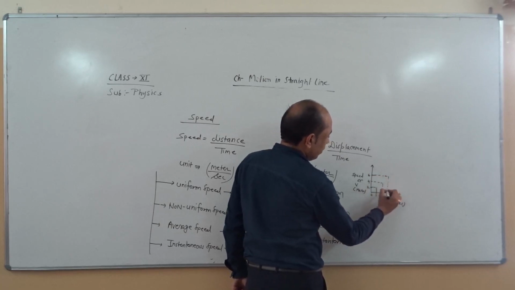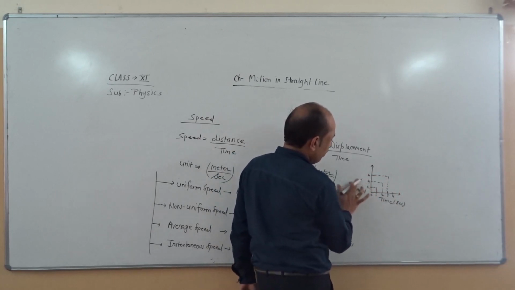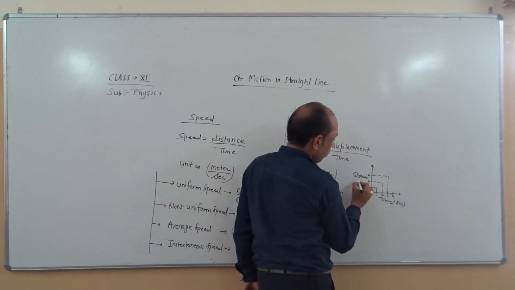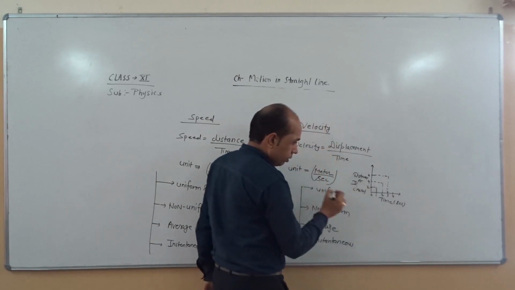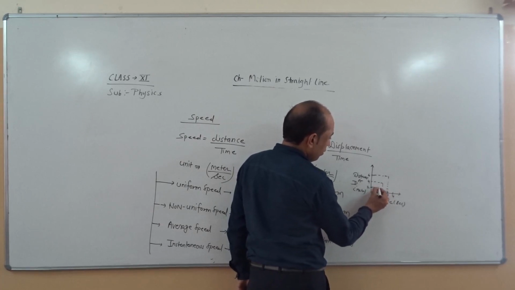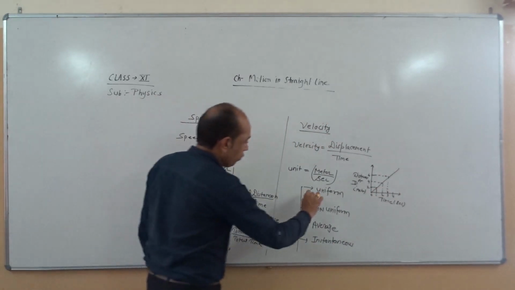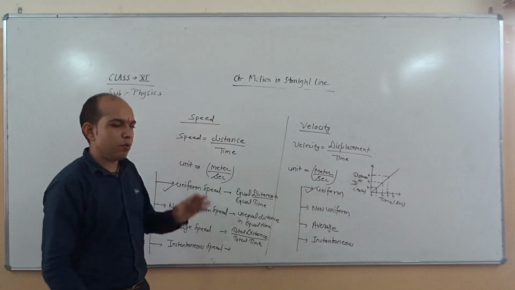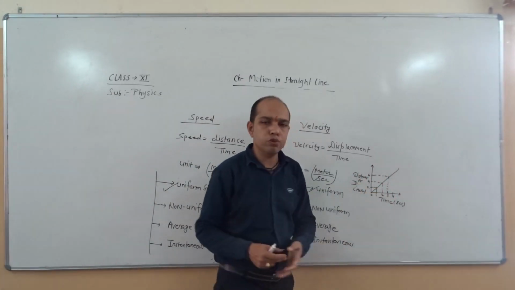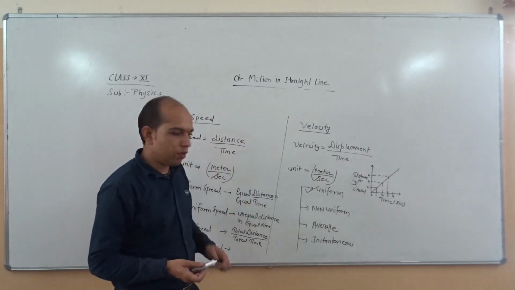So what we see here is equal distance, or we can say equal displacement, in equal interval of time. When we draw a line, it is a straight line. That means for uniform speed or uniform velocity, whenever we plot the graph, it is a straight line. And this straight line graph indicates that the motion is uniform. It depends on distance and displacement. It may be speed or velocity.